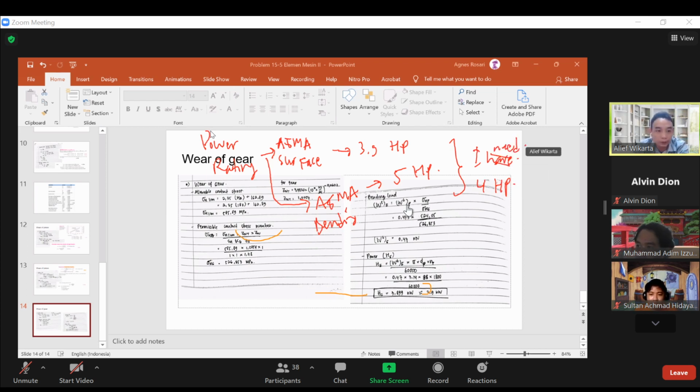Can we use the bevel gear here? Magnus said okay, we can use this bevel gear to transmit 4 horsepower because it's less than the power rating from AGMA bending.